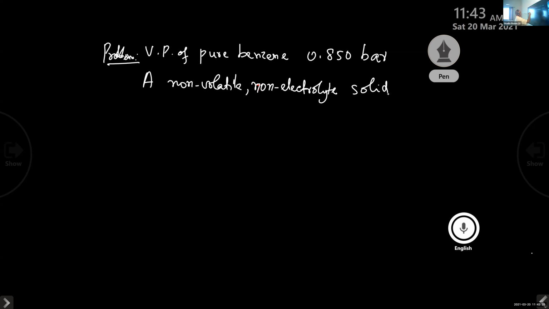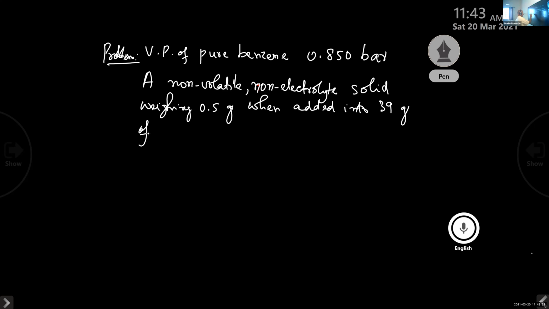weighing 0.5 gram, when added to 39 gram of benzene, molecular mass 78 gram per mole.